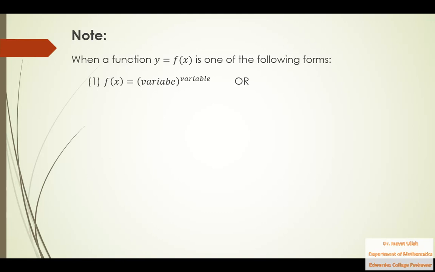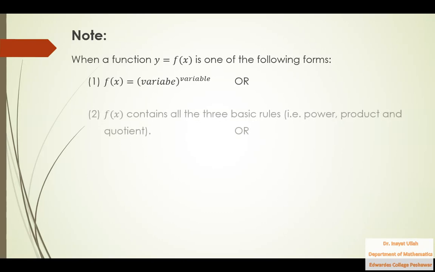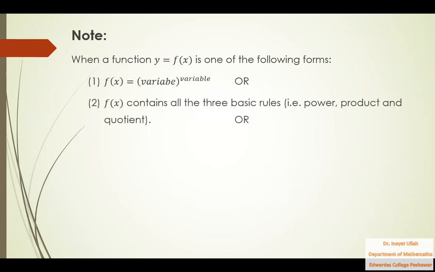So x is a variable, so if the base contains the variable and the power also contains the variable for this kind of function, and secondly, if a function contains all the three basic rules, that is power rule, product rule and quotient rule, or if you think that a function is complicated enough to differentiate directly.